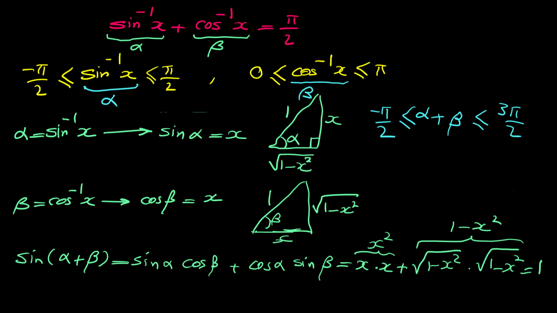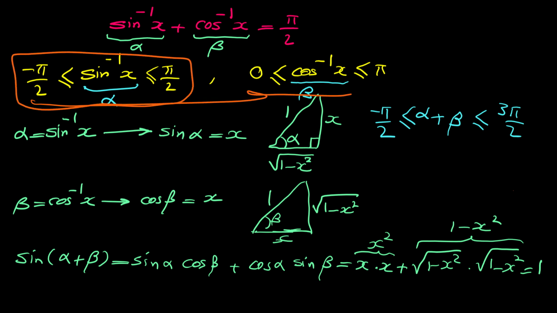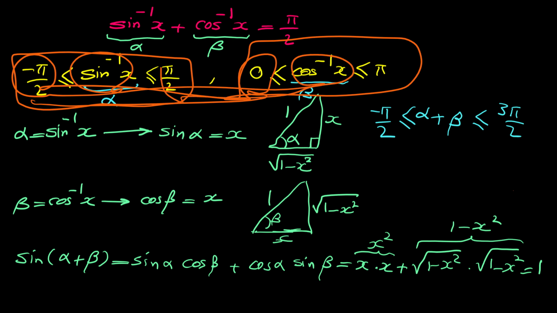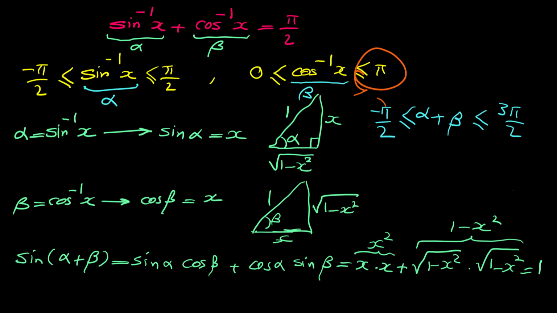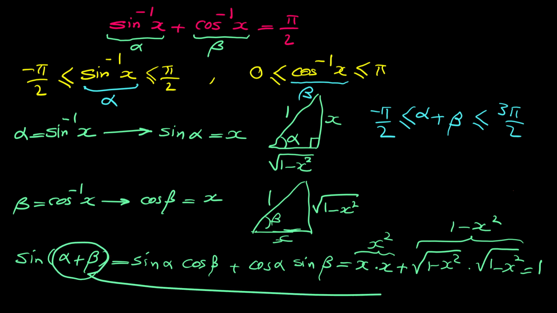So, by adding this inequality and this inequality, left side to the left side, middle to the middle, and right side to the right side, we get to this relation. So now we have this condition for alpha plus beta. We know that sine of alpha plus beta is 1.